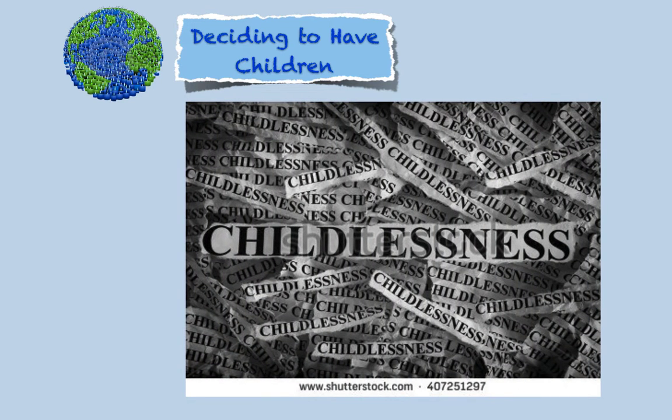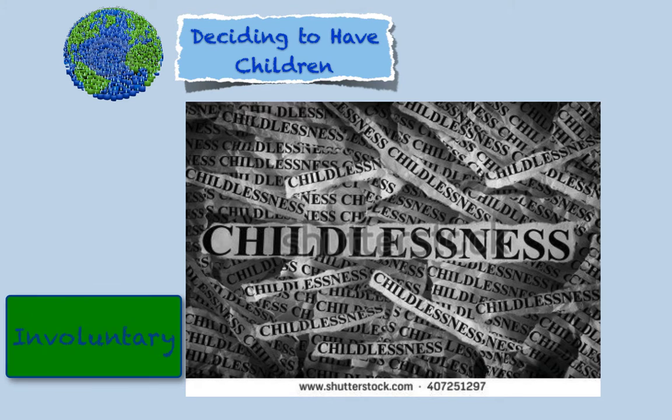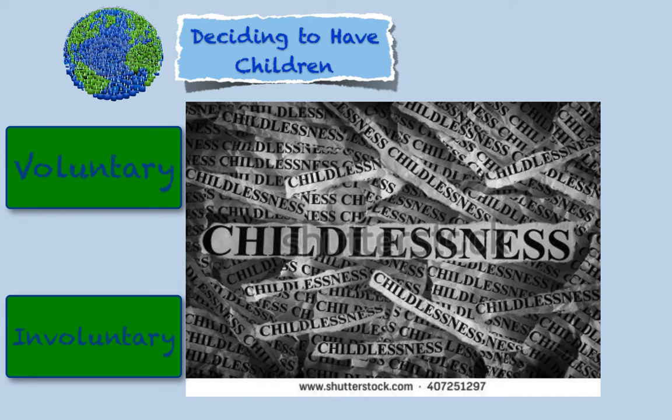So when we think also in terms of the involvement of birth control and other sorts of techniques and strategies, many Canadians use some sort of birth control, and as a result there's this element of childlessness, whether it be voluntary or involuntary. So voluntary childlessness are couples who decide not to have children before they marry.